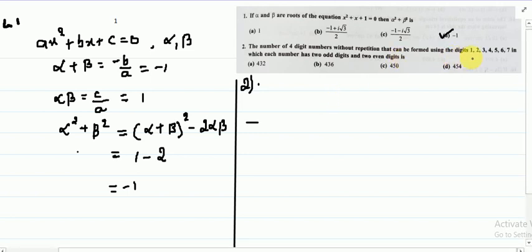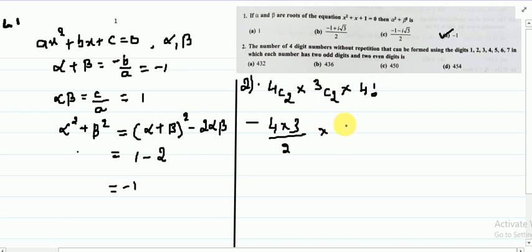Here you have 1, 3, 5, 7, 4 odd numbers, therefore you can choose them in 4C2 different ways. Corresponding to this you have 2, 4, 6, 3 even numbers, therefore it will be 3C2. Therefore the selection of 4 numbers is this, and we can arrange them in 4 factorial ways. 4C2 will be 4 into 3 divided by 2, 3C2 will be 3C1, and 4 factorial will be 4 into 3 into 2 into 1, so it will be 24.